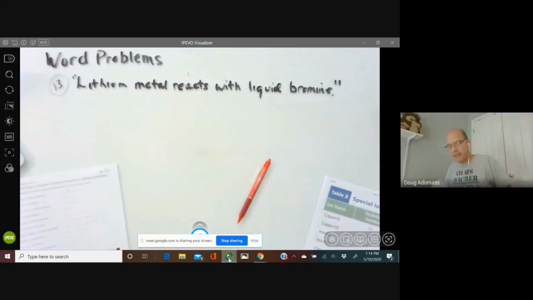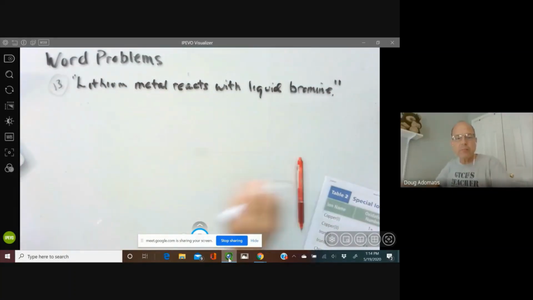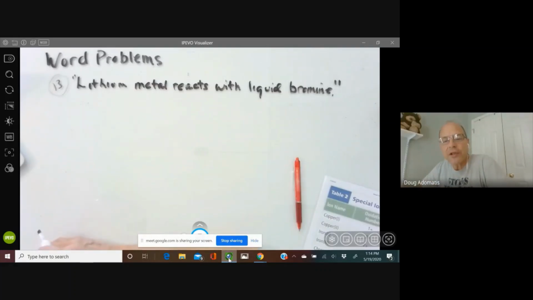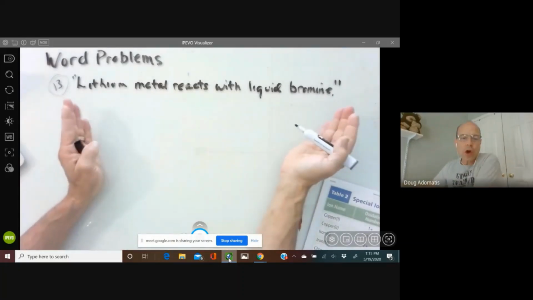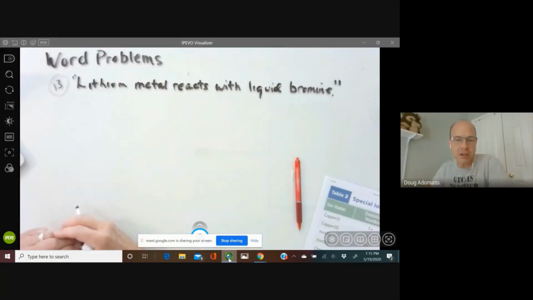Number 13 says liquid lithium metal reacts with liquid bromine. What you're going to do is write a full-blown chemical reaction equation based only on the word description of the products.